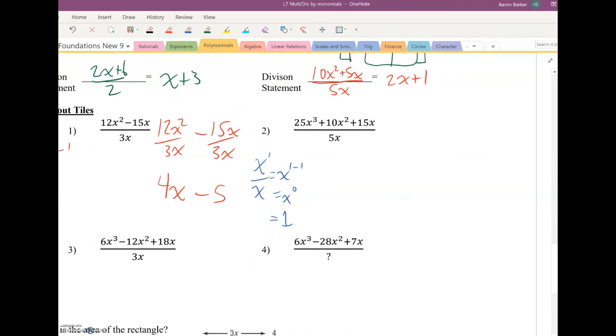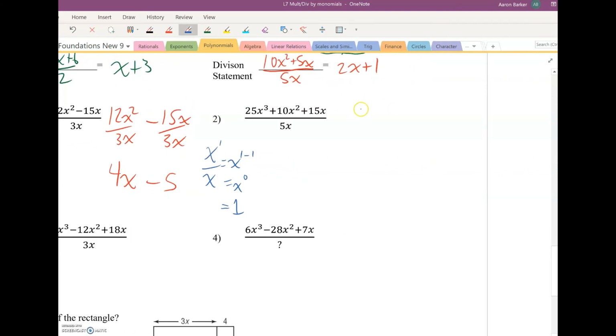Okay, so question number 2 then, we can do our division. Divide your coefficients, then divide your letters. So 25x cubed divided by 5x equals 5x squared, plus 10x squared divided by 5x equals plus 2x, and plus 15x divided by 5x equals plus 3.